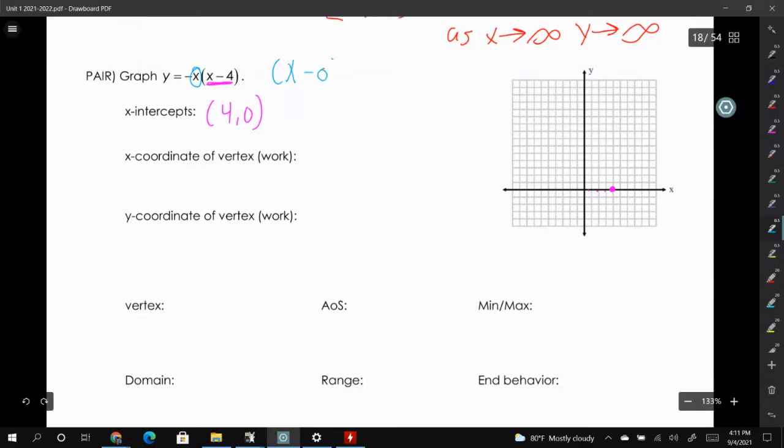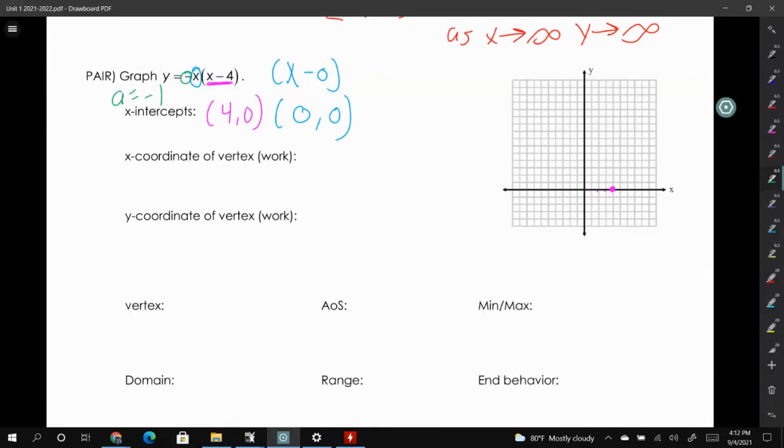It would not make sense to write this x minus 0, because anything minus 0 is just what we started with. 5 minus 0 is 5. 12 minus 0 is 12. X minus 0 is just x. So when you see just an x out front, that means one of your intercepts is 0, 0. That negative attached to it means your a value is negative 1.